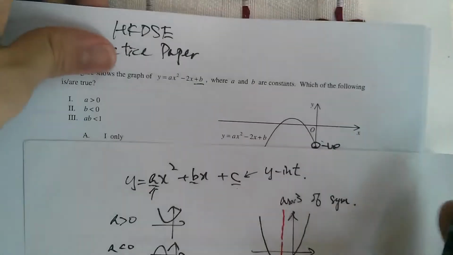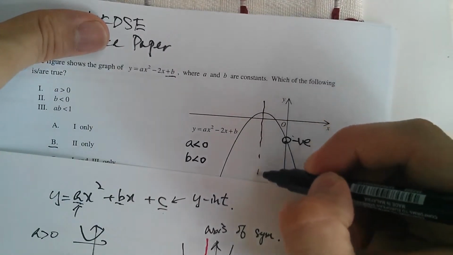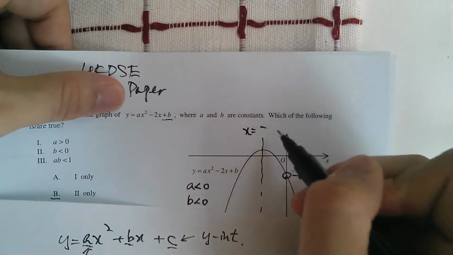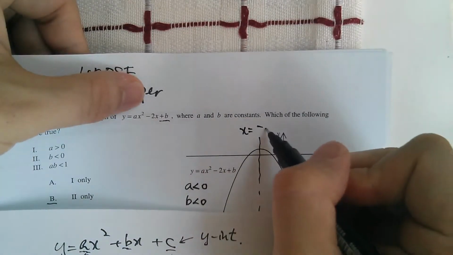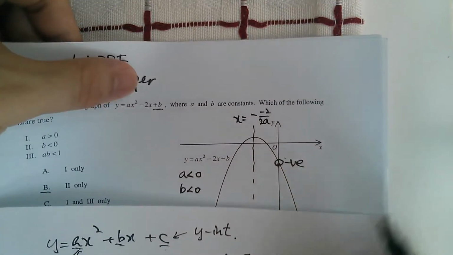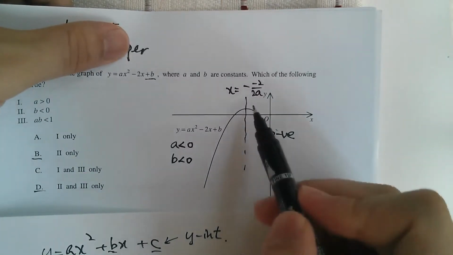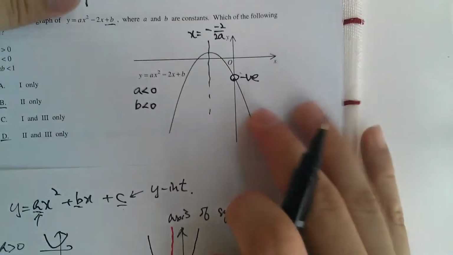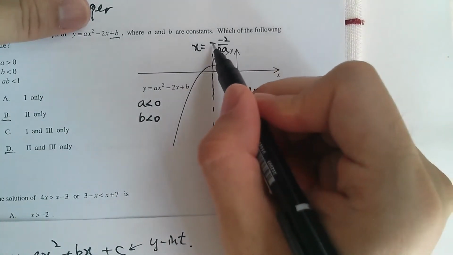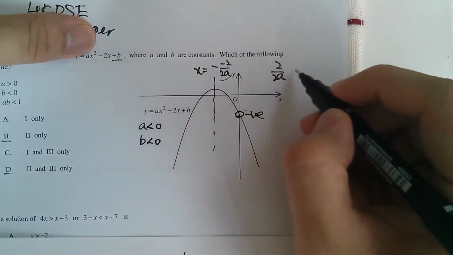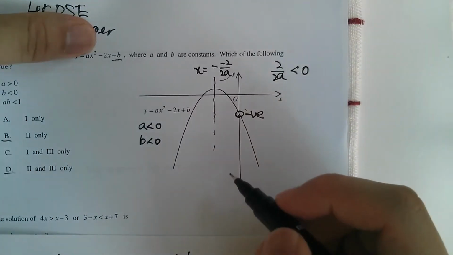That means in this question, the axis of symmetry, which happens to be here roughly, should be negative b, which is -2, over 2a. And the axis of symmetry is on the left-hand side of the y-axis. That means it's negative. So 2 over 2a should be negative.